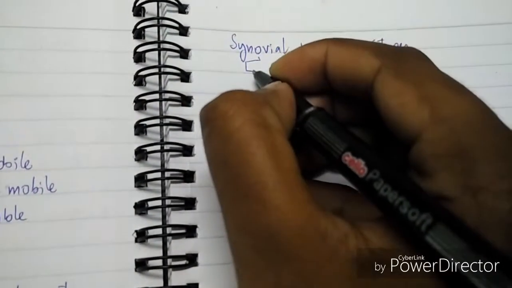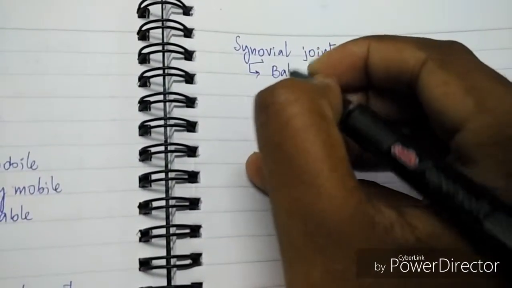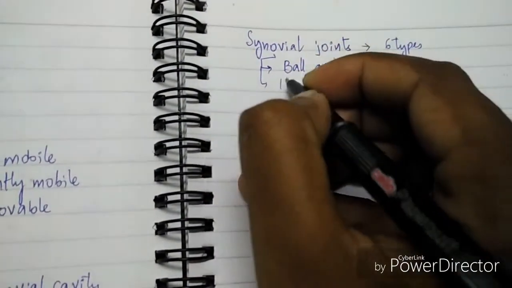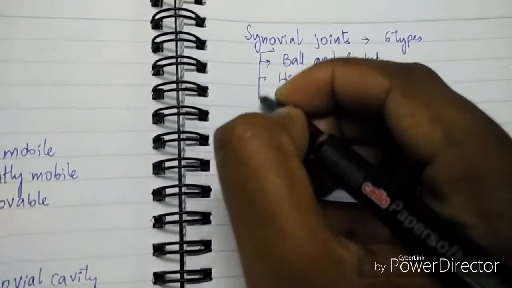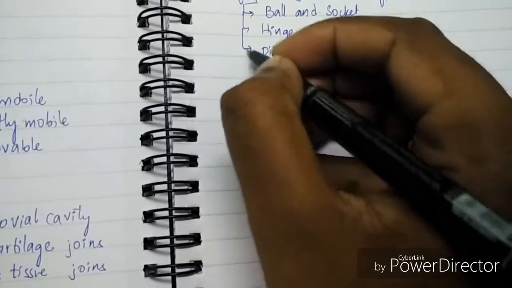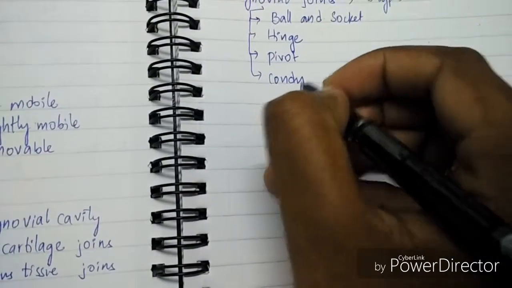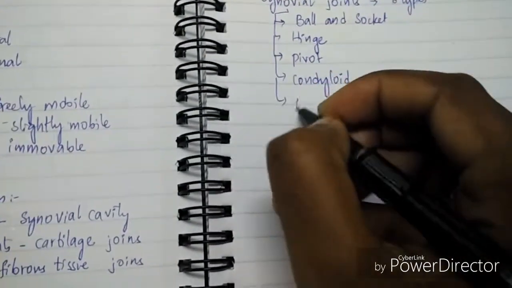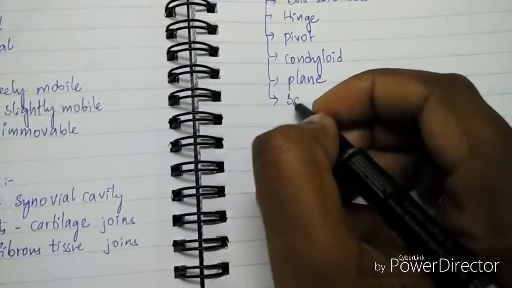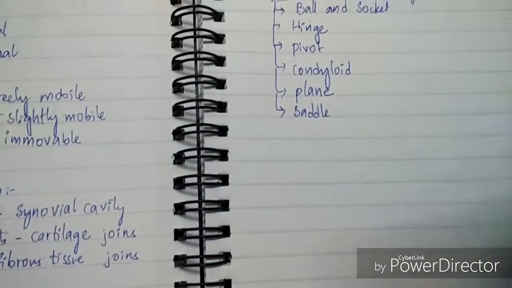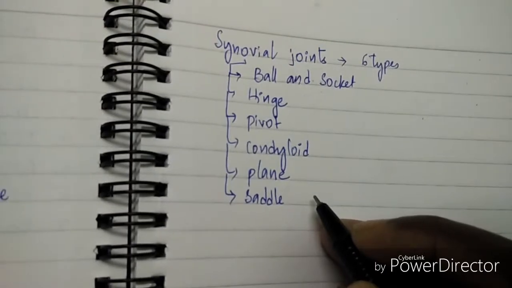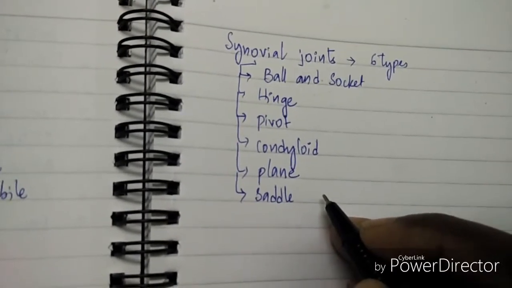These are widely known examples: ball and socket joint, hinge joint, pivot joint, condyloid joint, plane joint, saddle joint. Now, all these are freely mobile, so all are diarthrosis.